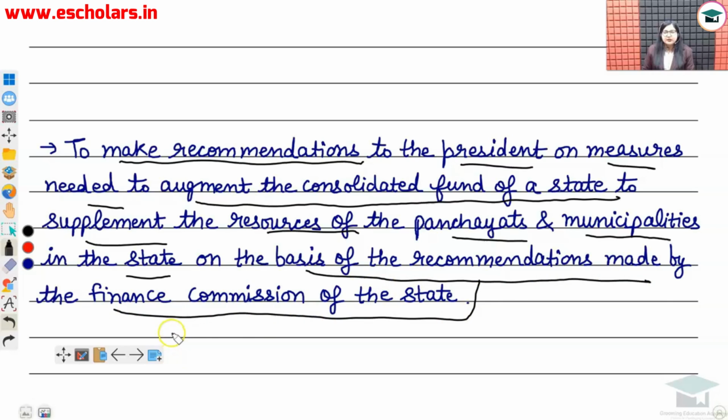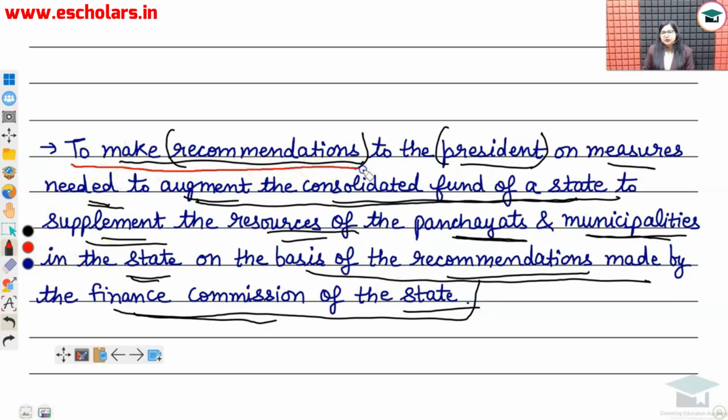Basically, the recommendations, or you can say the suggestions, are made by the Finance Commission to the President on steps needed to augment, or you can say support, the consolidated fund of a state, to support the resources of the panchayats and municipalities in the state on the basis of the recommendations made by the Finance Commission of the state. Okay, so let's recall it.